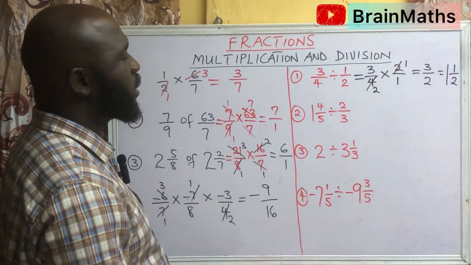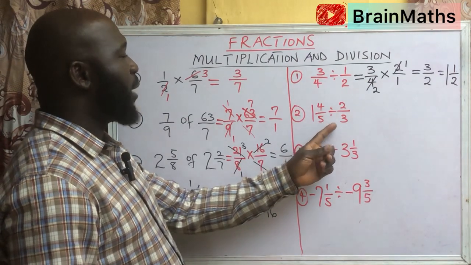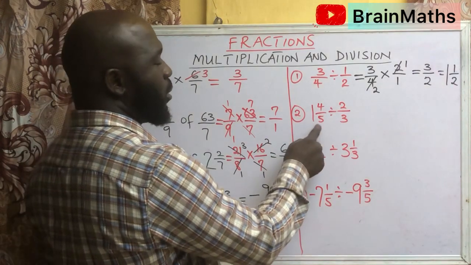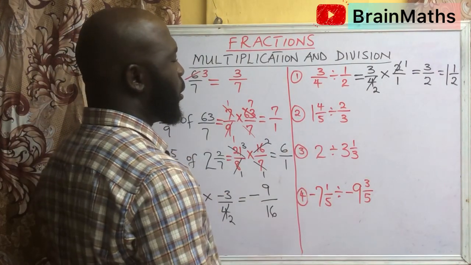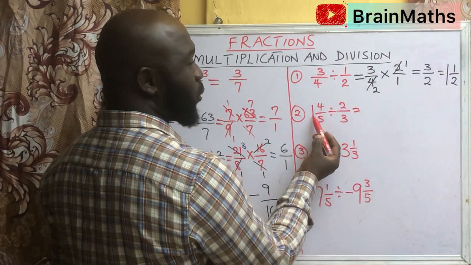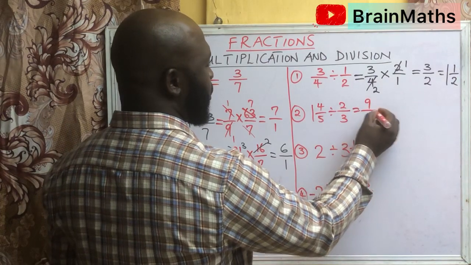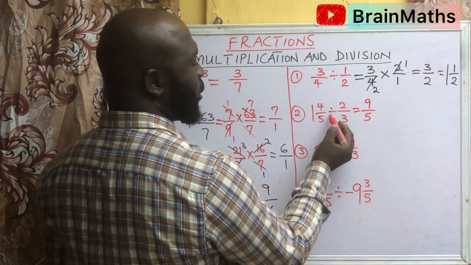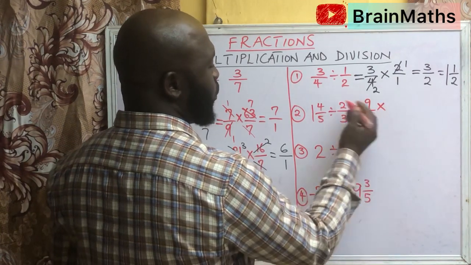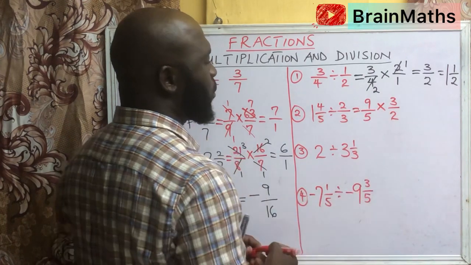The second question says, one whole number 4 over 5 divided by 2 over 3. We first take the mixed fraction into its improper format. 5 times 1, 5, plus 4, that is 9 over 5. Then change division to multiplication, and then the numerator and the denominator exchange position.